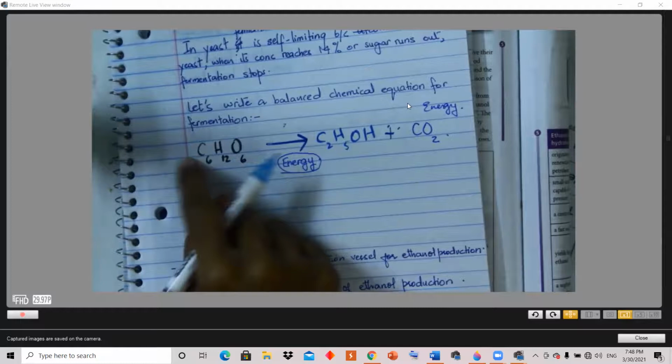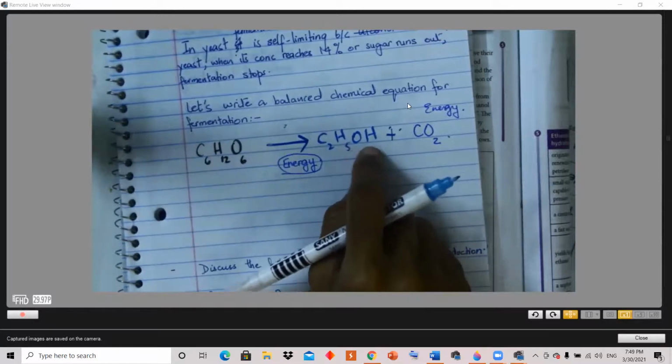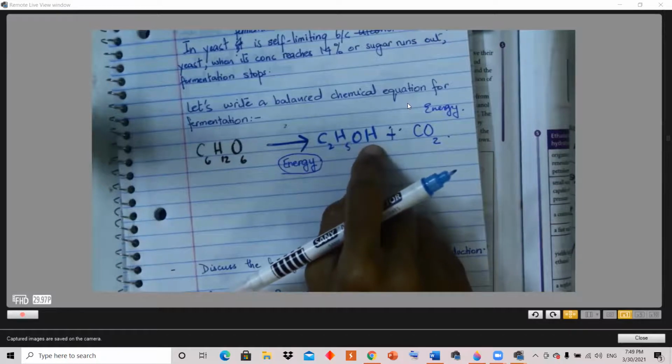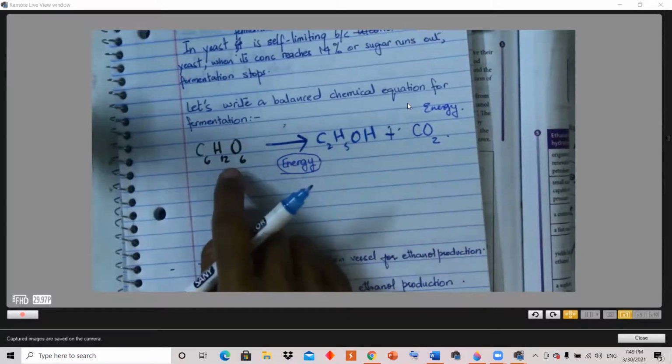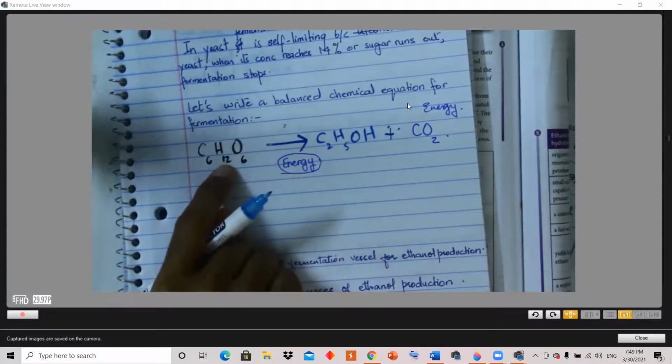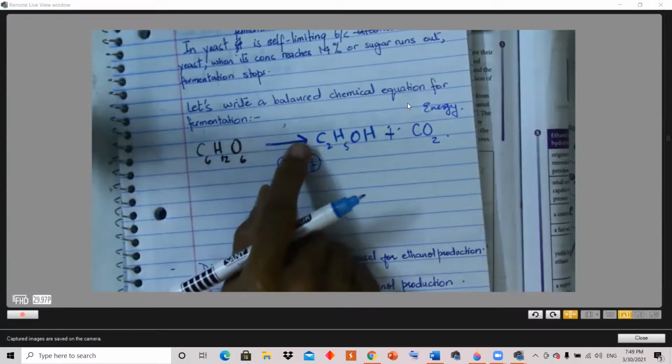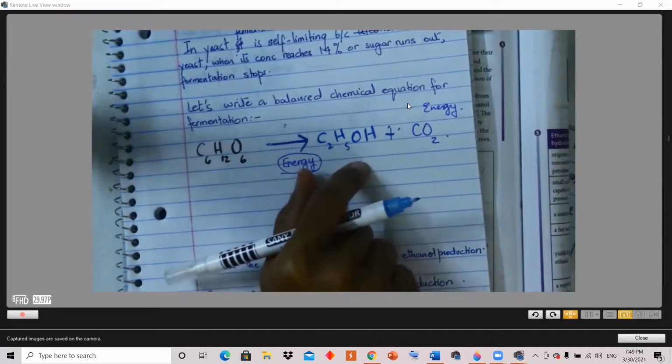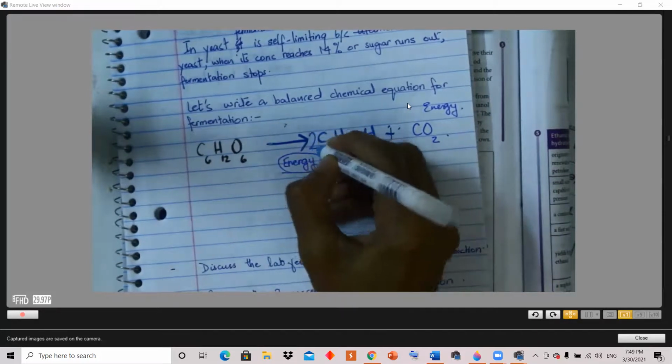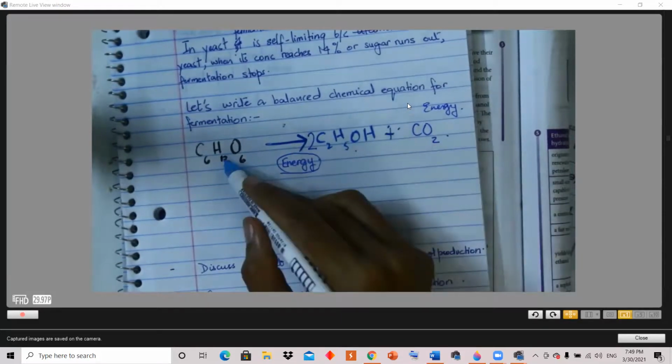So I should first make sure the hydrogen is balanced. How many hydrogen do I have here? 6 and 12 here. So how can I balance hydrogen? By adding 2 here, right? 2 times 6 is 12. So now hydrogen is balanced.